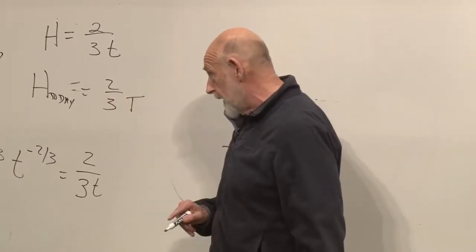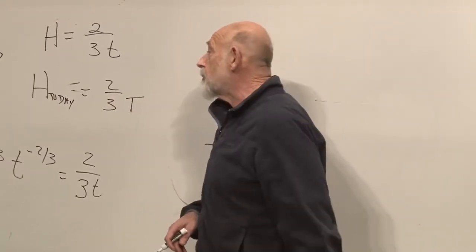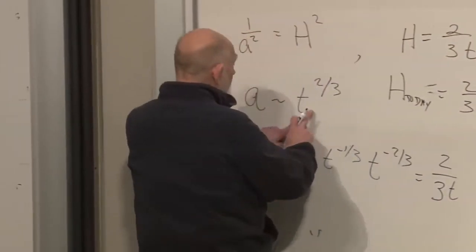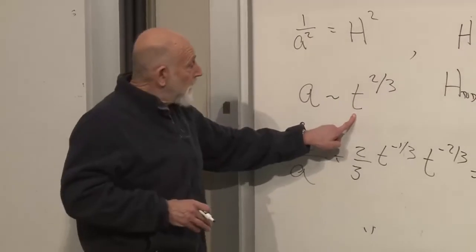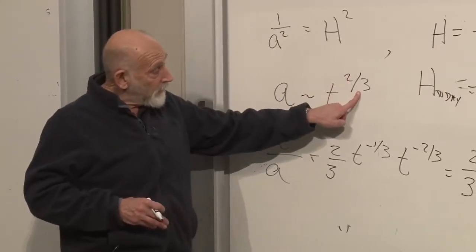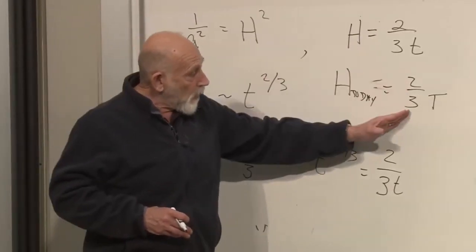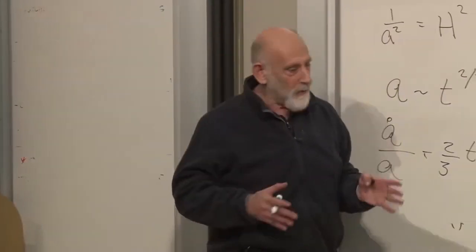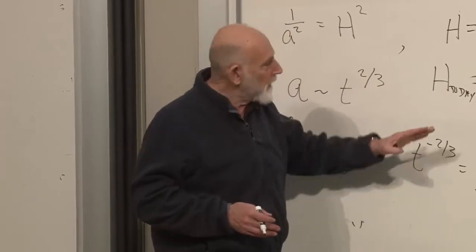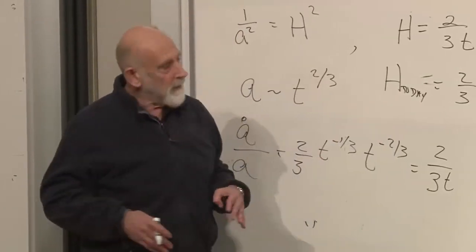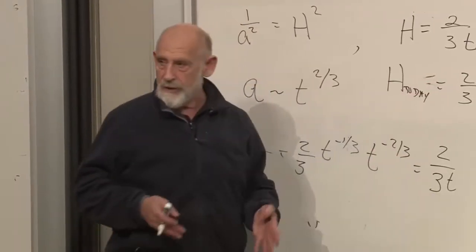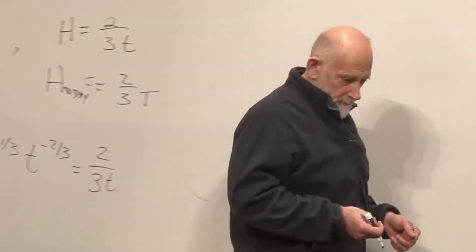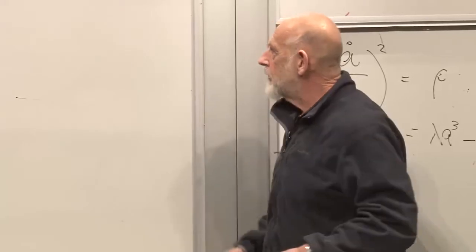Incidentally, let's suppose it was radiation-dominated. If it were radiation-dominated, in other words, if there was no matter, only radiation, this would be t to the 1/2, and h today would be 1 over 2t. So whatever kind of nice equation of state you have, for most equations of state, the Hubble constant today is related to the inverse age of the universe. Okay, that's good.